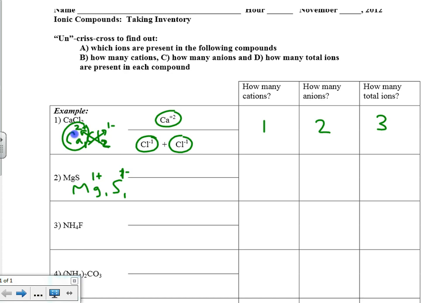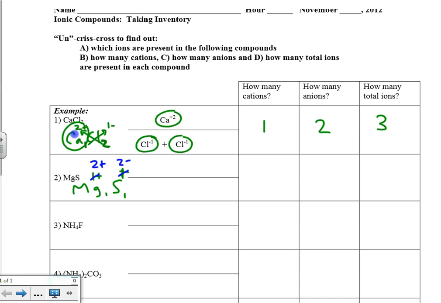However, verifying this on the periodic table, magnesium is in the second column, which means it has to have a +2 charge, and the sulfide also has to have a -2 charge. So here we have to pay attention that just uncrisscrossing is not enough. You have to verify that those are the expected charges for those ions.